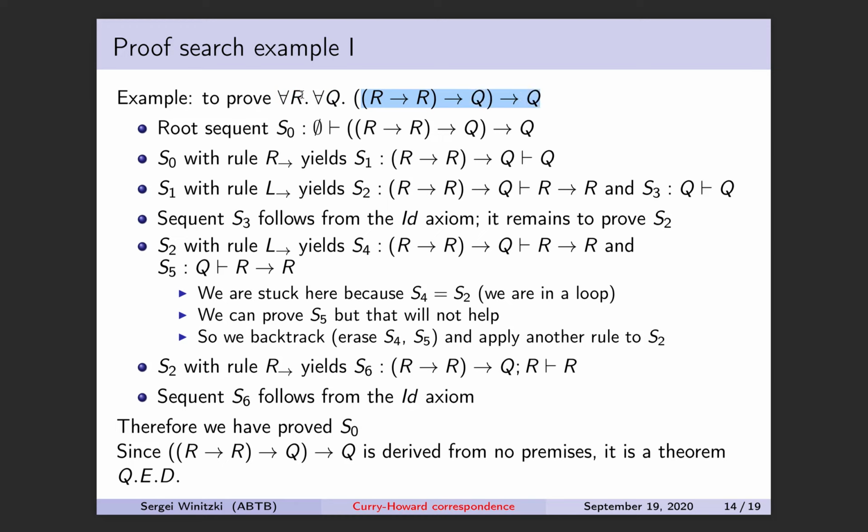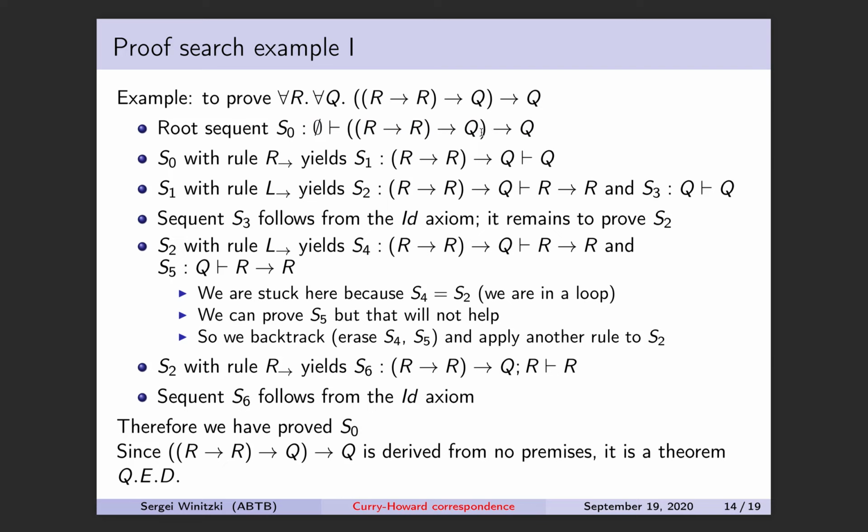In Scala you can easily write a function with type parameters R and Q, with an argument having this type and a result having this type. To begin the proof search, we write the first sequent, which is this: no premises and this goal. Now we begin the proof search.